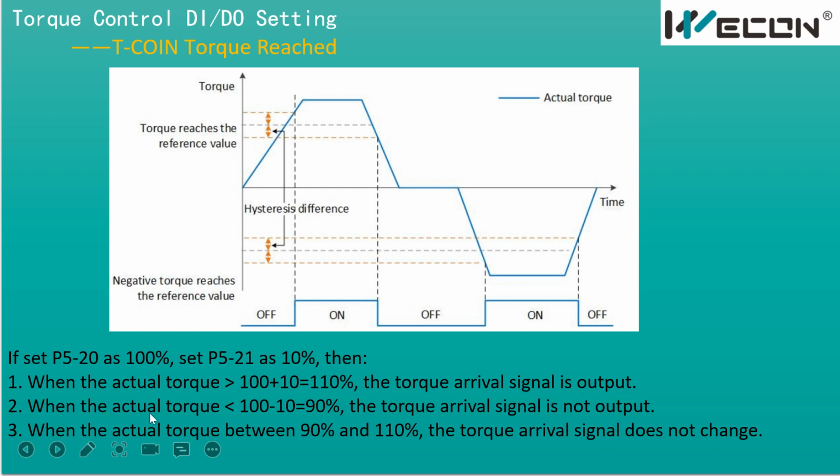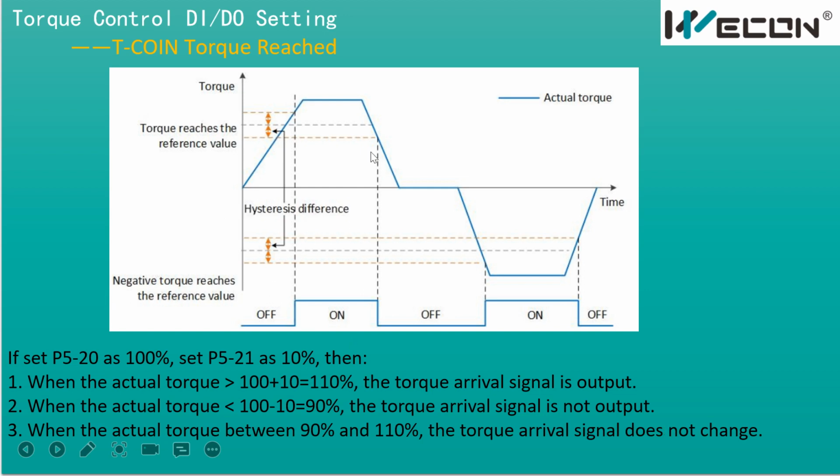And when the actual torque is smaller than 90%, the torque reach signal will not output. And when the actual torque is between this range, the torque reach signal will not change.